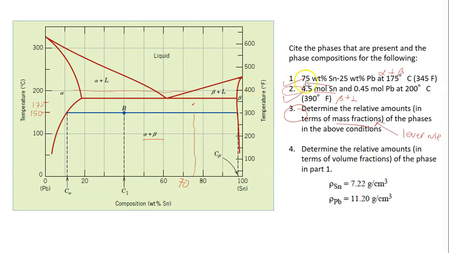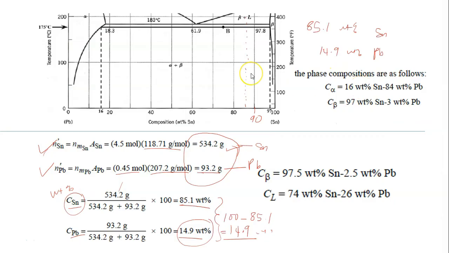Okay, for the first part, which is 75 weight percent of tin at 175 degrees Celsius, the position is at this B point. So this is for part 1.